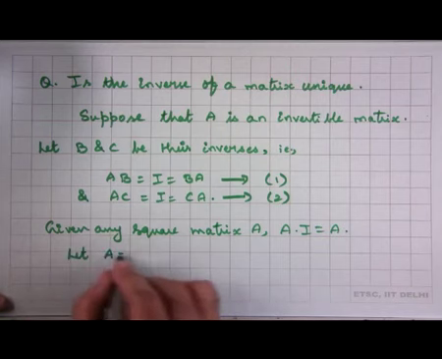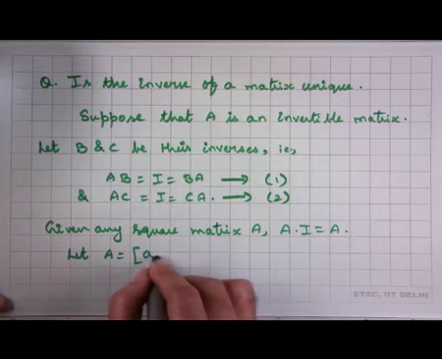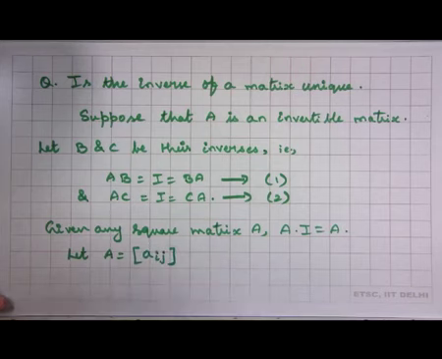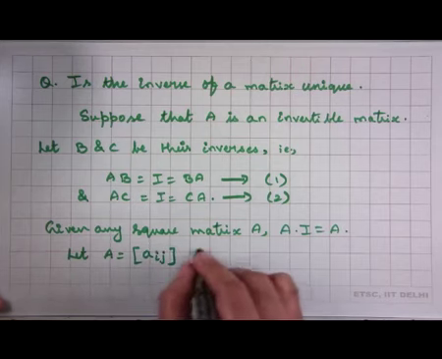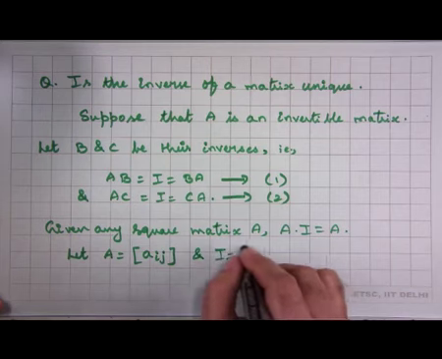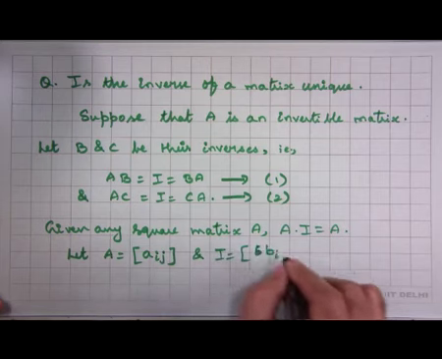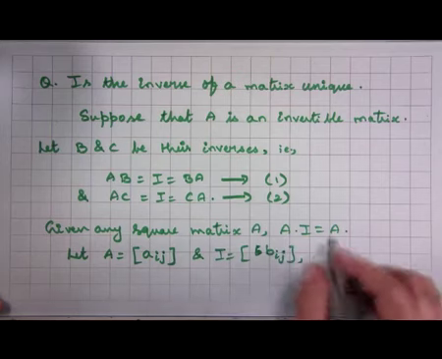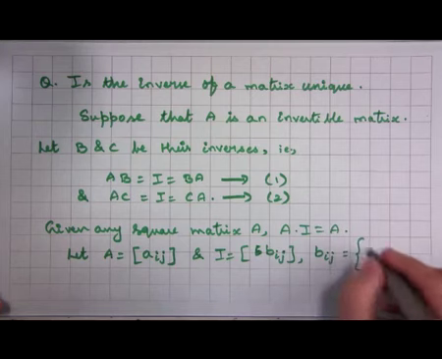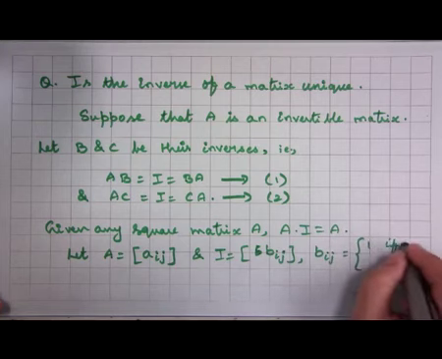Let A equal to Aij and I, let me write it as Bij, where Bij is 1 if i equals j, 0 if i not equal to j.